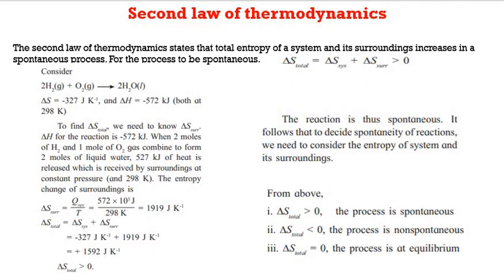delta S surroundings equals Q reversible upon T, which is 572 multiplied by 10 raised to 3 joule upon 298. We get a delta S surroundings value of 1919 joule per Kelvin.